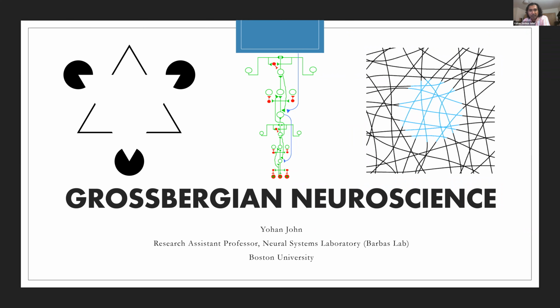Welcome everyone to our discussion of chapter 3 of Grossberg's book, Conscious Mind, Resonant Brain. I always thought this topic of art and neuroscience, or psychology and neuroscience, is a very rich topic for cross-pollination and interaction.